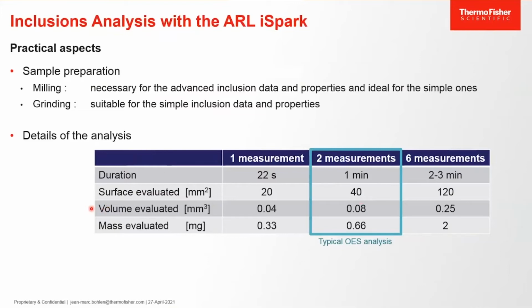So the analysis is not a two-dimensional method, but a three-dimensional one. So we can talk about volume evaluated as well. In the case of a two-measurement analysis, the volume is 0.08 cubic millimeter typically. This corresponds to a mass that is evaluated of the steel sample of about 0.66 milligrams.